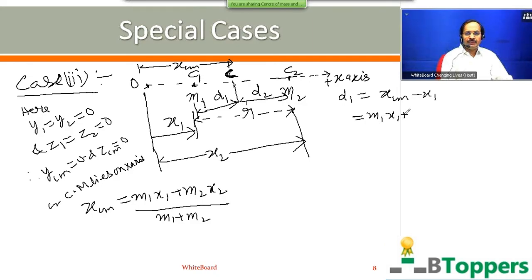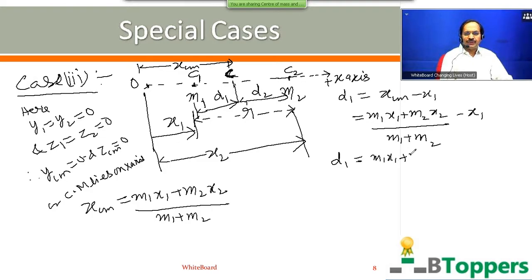xcm equal to m1 x1 plus m2 x2 by m1 plus m2, minus x1. So you can try to simplify this yourself.